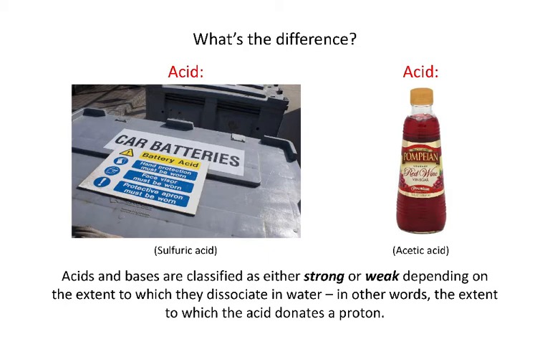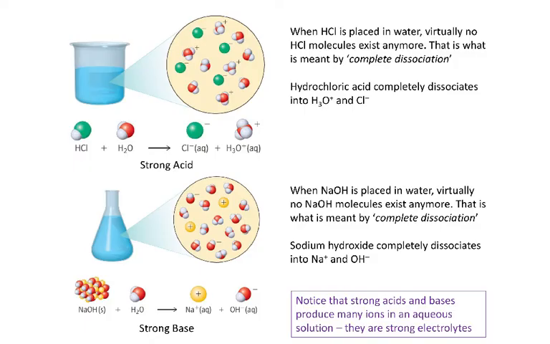So a strong acid will dissociate completely and give away every single proton that it can. A weak acid, not so much. It'll give away some, but not all. So let's look at a diagram of this, an illustration.